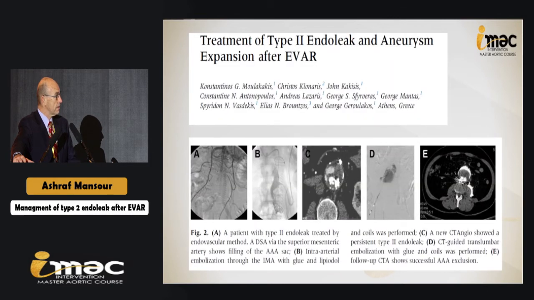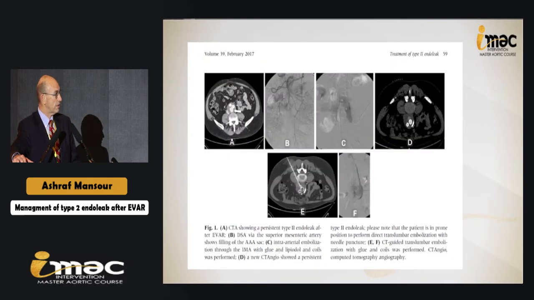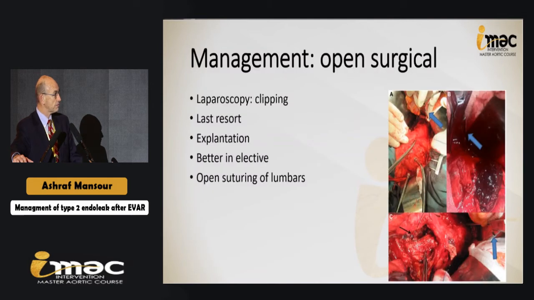There have been many authors in the literature who talk about their techniques in doing this, and you can see here some pictures at the bottom that show the direct puncture technique versus doing an endovascular cannulation. Panel E here is when you place the patient in a prone position and access the aorta posteriorly with a long access needle, and then you're able to access the sac directly and do some coil embolization.